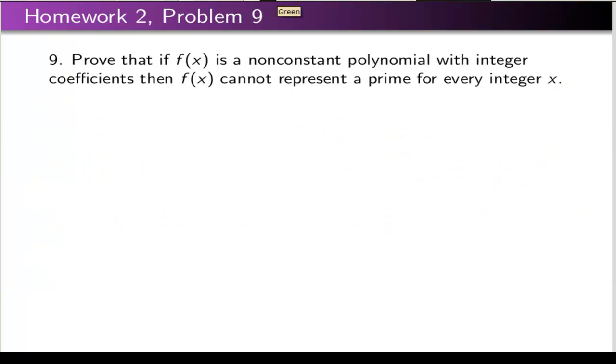Problem 9. Prove that if f of x is a non-constant polynomial with integer coefficients, then f of x cannot represent a prime for every integer x. So again, proof by contradiction.